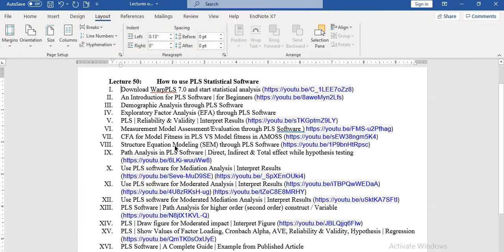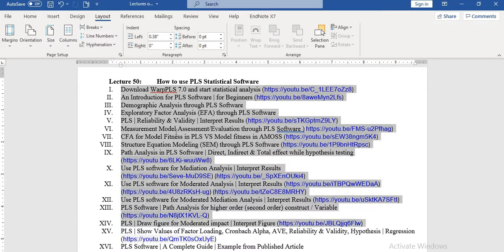Scholars, for all these analyses which I have described earlier, please see our lecture number 50 completely, in which we describe. Lecture 50 consists of 16 parts. All the 16 parts I am giving you today.